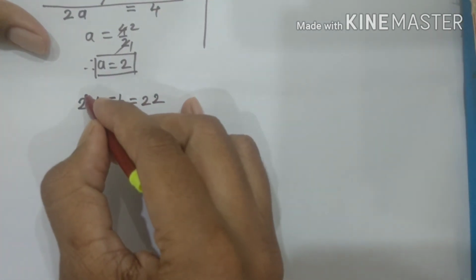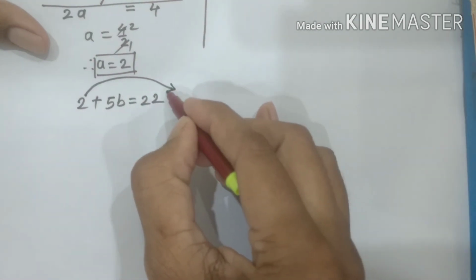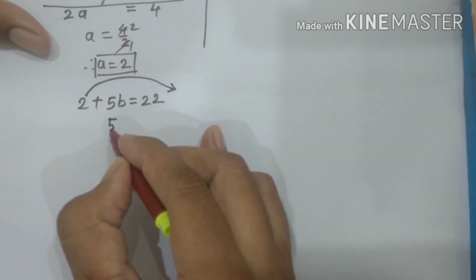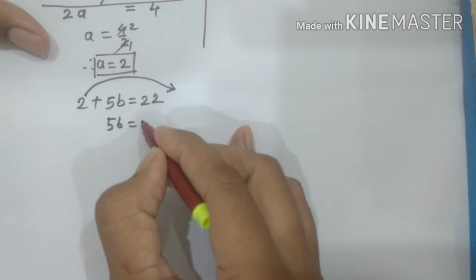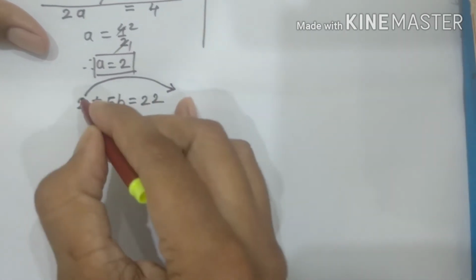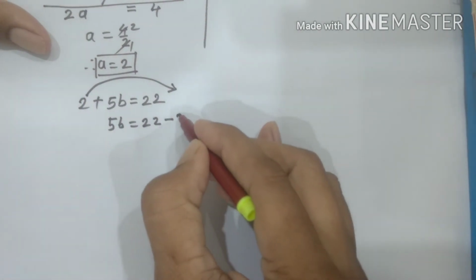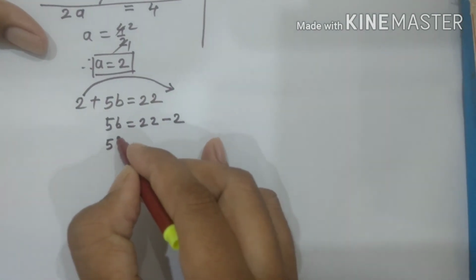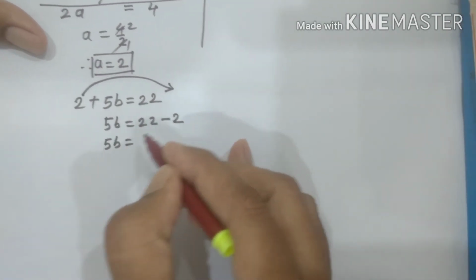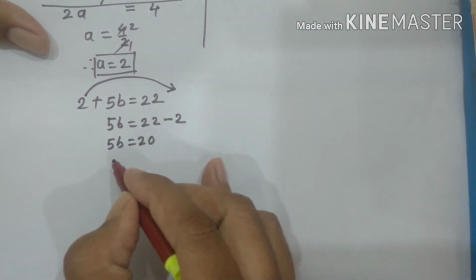Here 2 is transferred to the right side. Therefore 5b equal to 22 minus 2. Plus 2 becomes minus 2. 5b equal to 22 minus 2 is equal to 20.